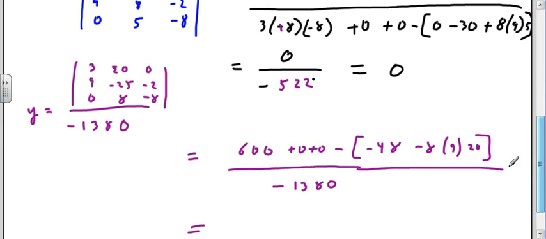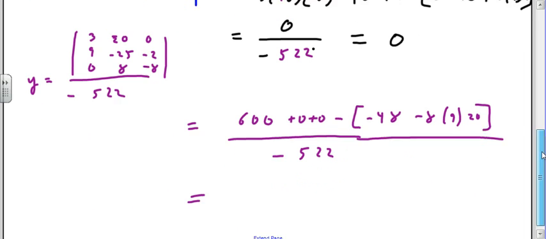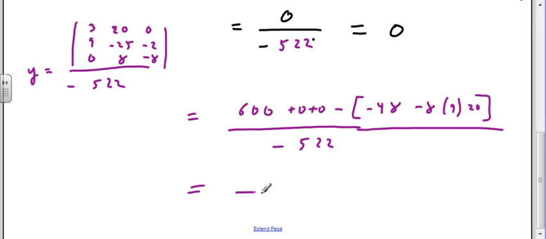Alright, and this guy is minus 522. And this guy is minus 522. And I didn't write down what the other guy was, minus 522.